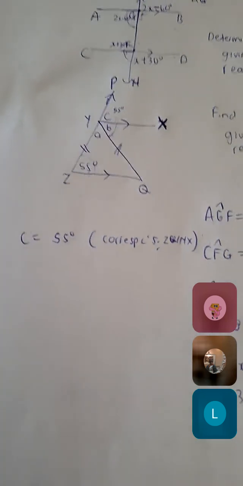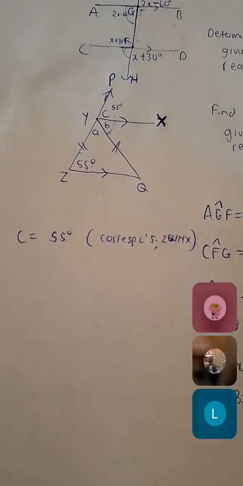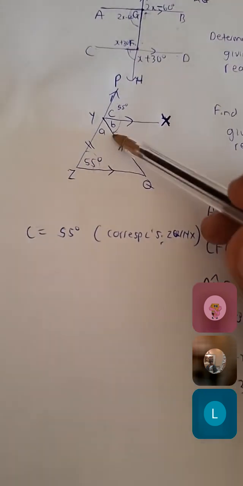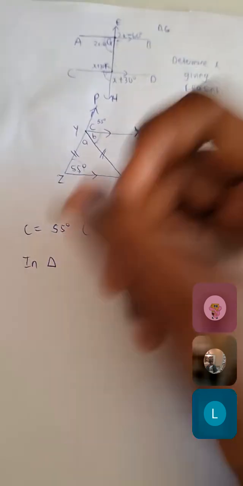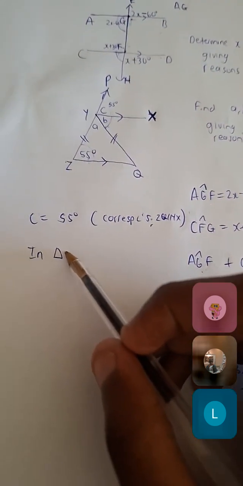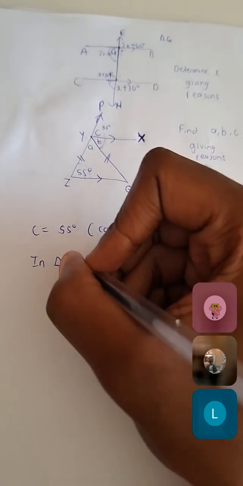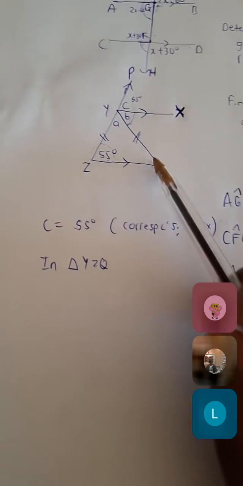All right. Sir, can I answer? Sure. In triangle YZQ. I'm going to write this, but like I said, if it's not on, then I'm going to identify what is not on. So you said in triangle what? YZQ. What about that triangle?